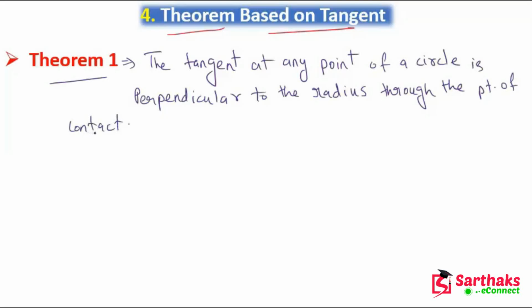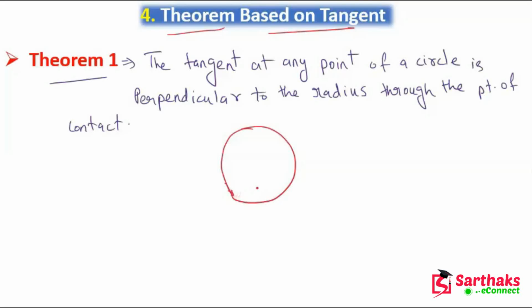Means the tangent at any point of a circle is perpendicular to the radius through the point of contact.